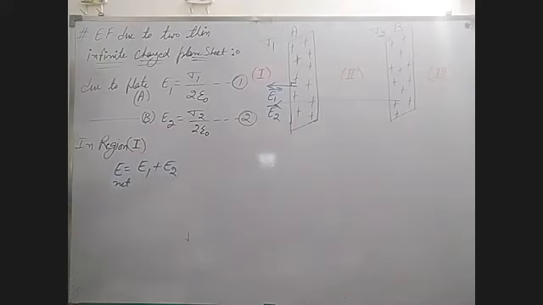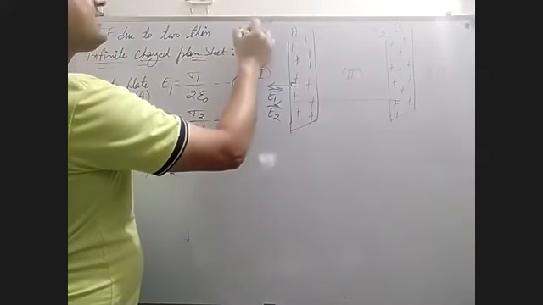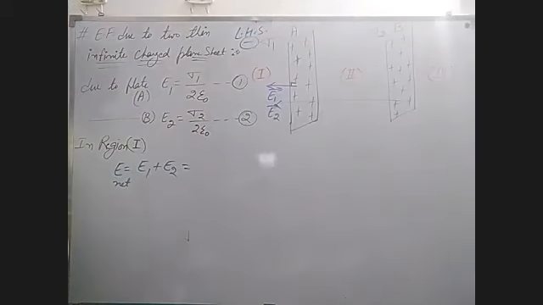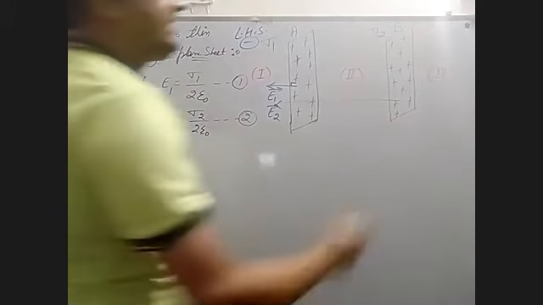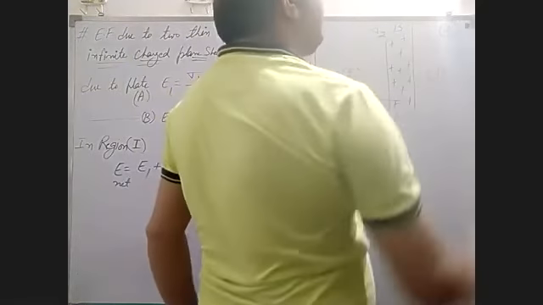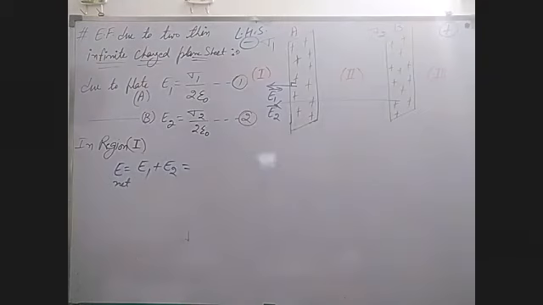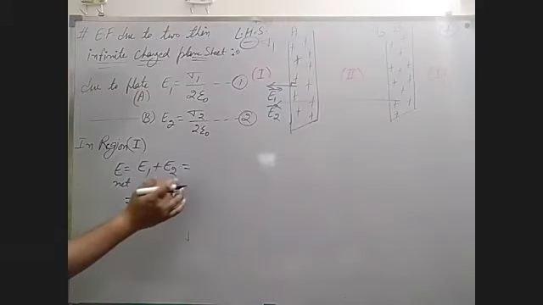Okay. Now, what is the value of E1? In the left direction, there is a sign convention. In the left direction, we have to take the value with negative sign, and in the right, we have to take the value with positive sign. Now, E1 is negative in nature, and E2 is also negative in nature.